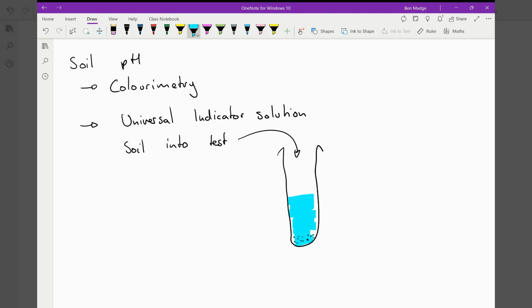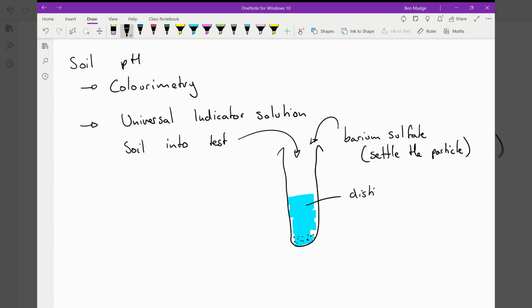We also will typically add something like barium sulfate, which helps settle the particles so they are not getting in the way of seeing the color change. All right, the water is distilled water, so we are not contaminating our sample.